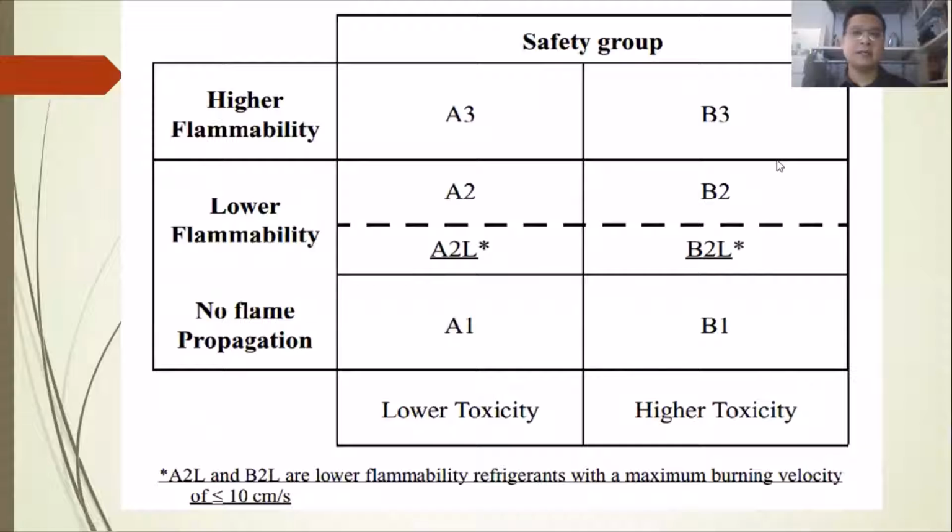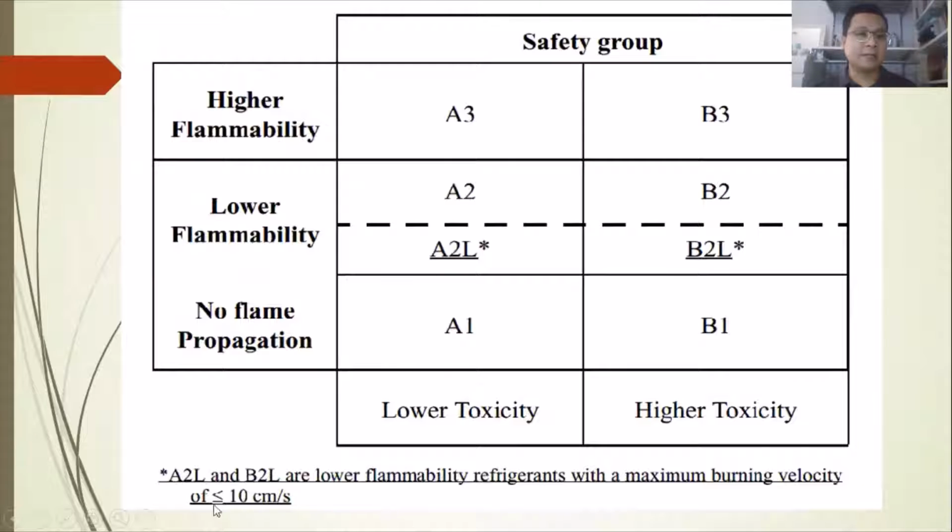Okay, based on the classification of high flammable, low flammable, and no flame propagation, the international safety code gives A1 for no flame propagation with low toxicity, and B1 for no flame propagation with higher toxicity. Then we go to lower flammability, A2 and A2L.